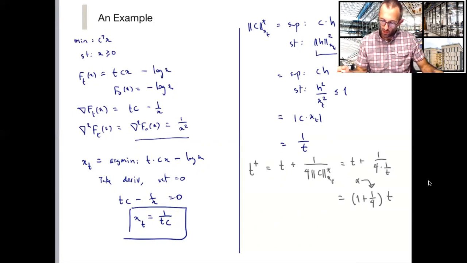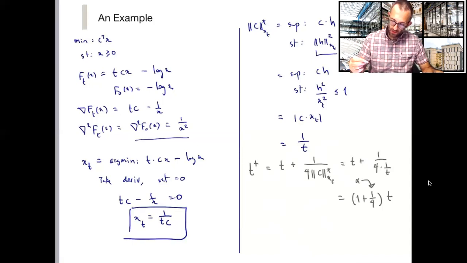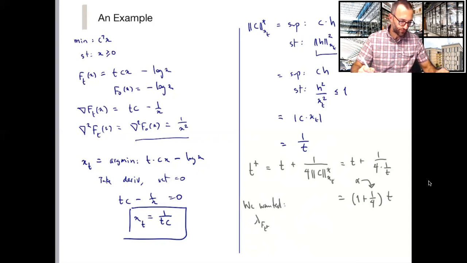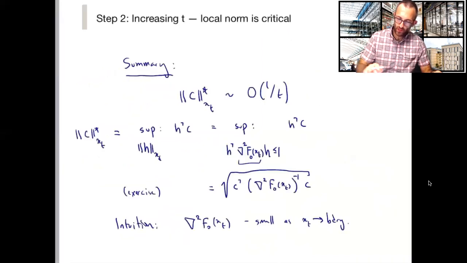So the whole goal was to show that we wanted lambda of ft plus of xt to be less than 1/4. Just looking back to show you again how we got here.